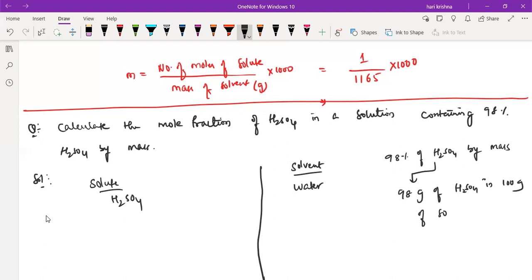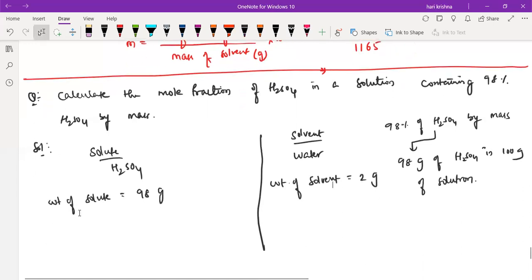That is the meaning. So weight of the solute is 98 grams, and weight of solvent is 2 grams. So these two adding, you'll get the weight of the solution.